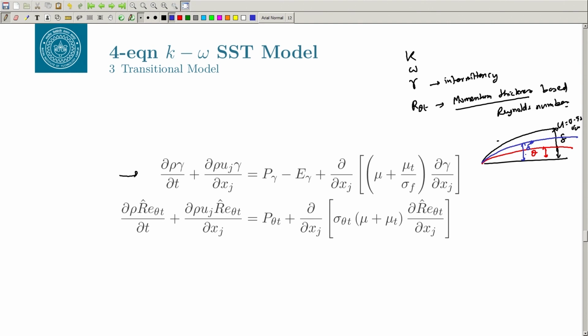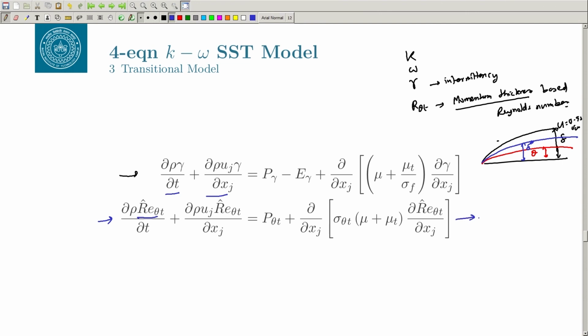The momentum thickness is used as an indicator to find out where the flow may become transitional. As I told you, gamma can become 0 or 1 or in between, but it needs a location where it should be switched on. That location will be given using this momentum thickness based Reynolds number. Of course, you need some experimental data where you say that if this is the momentum thickness, then the flow becomes transitional.